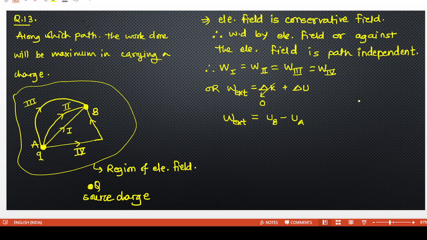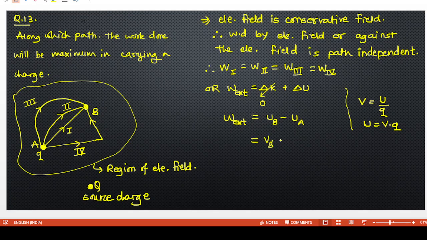Now we know the formula for potential at a given point. What is the formula for potential at a given point? Potential energy of the test charge upon the test charge. Then what is the formula for potential energy? It is potential into charge. So what is your potential energy at point B?